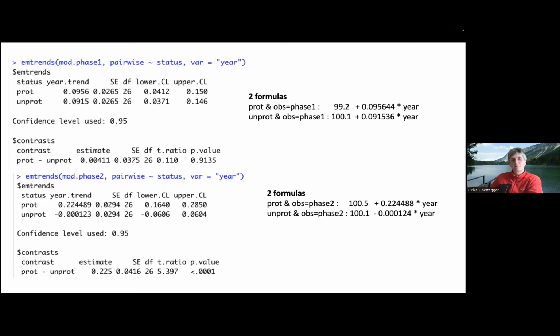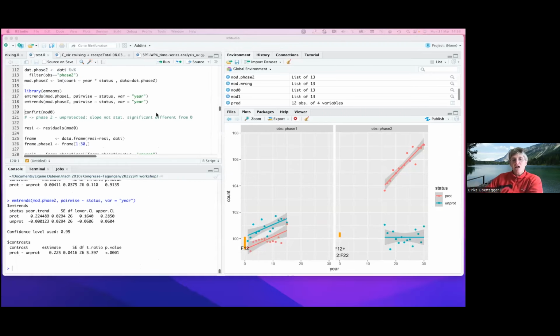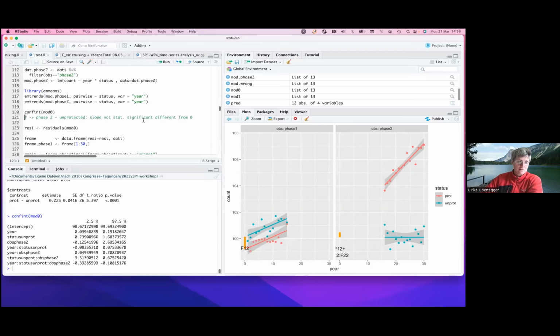The second possibility to test if the slopes are statistically significantly different is to use confint. Confint gives you confidence intervals. And remember, when a confidence interval includes 0, then the parameter estimate is uncertain and the estimate is not statistically significant.